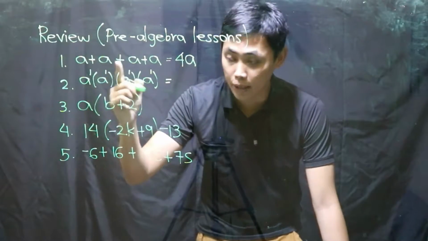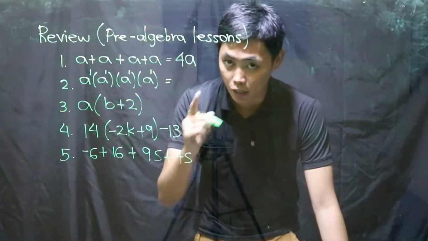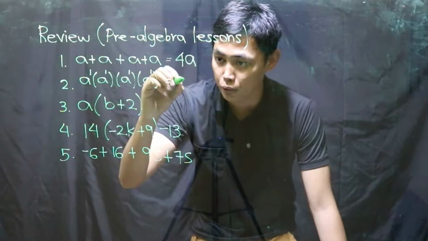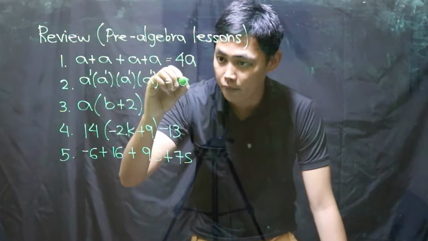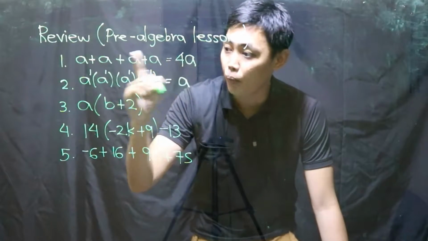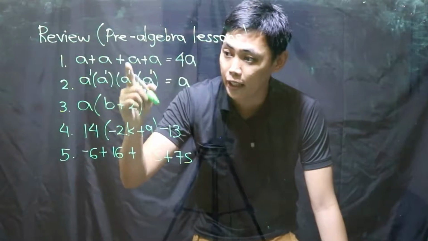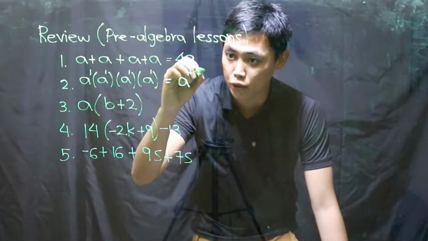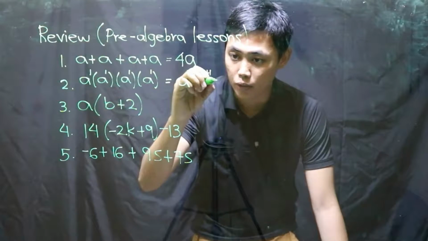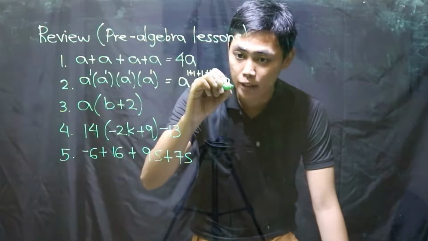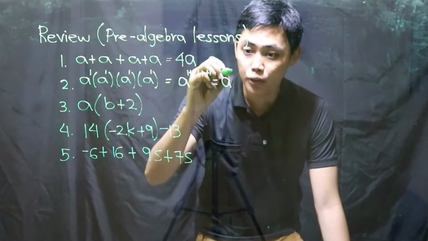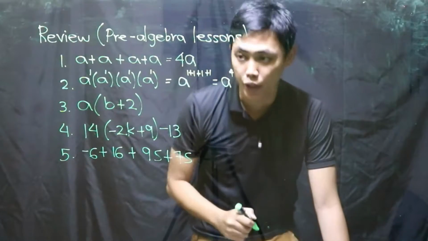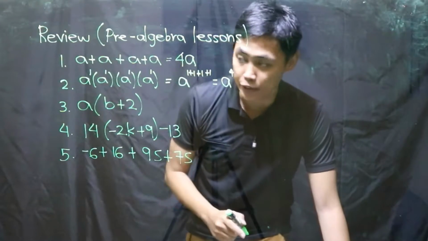So a times a times a times a, according to the laws of exponent, we need to add the exponents. So 1 plus 1 plus 1 plus 1. So our answer is a raised to the power of 4.